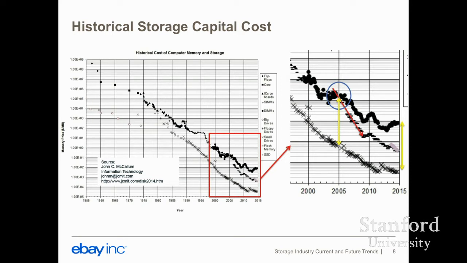There's an earthquake here that happened in Taiwan. Over here in more recent history, in 2011, you see a bump in disk drive prices. That was caused by the massive floods in Thailand.